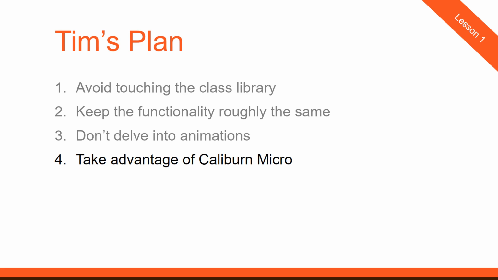And so we're just taking that engine that they've built and using it to go down the highway. So we're definitely going to take advantage of Caliburn Micro, take advantage of the built-in tooling. We're going to try not to step outside of that and force things. We're going to try and fit into their system of building an MVVM application.